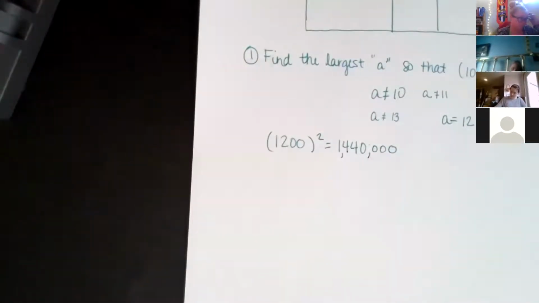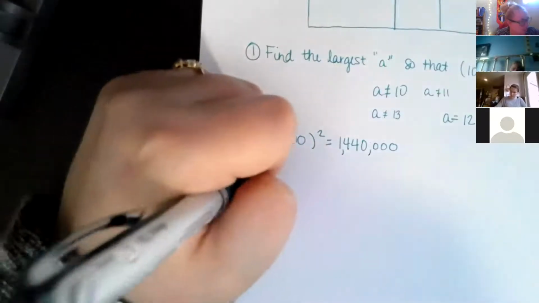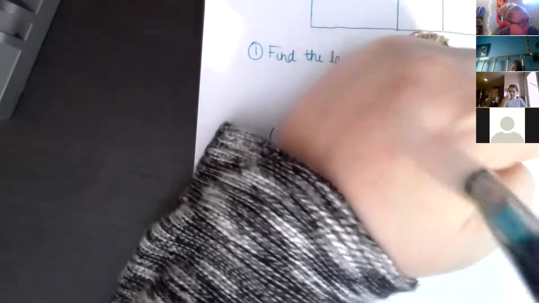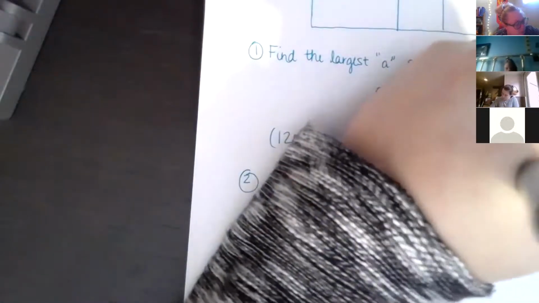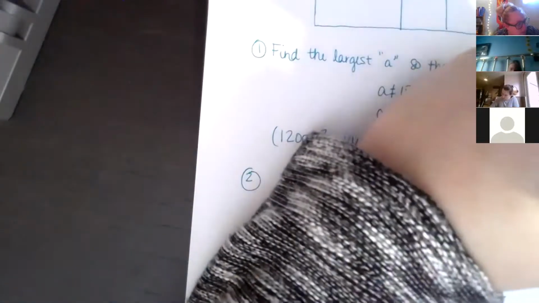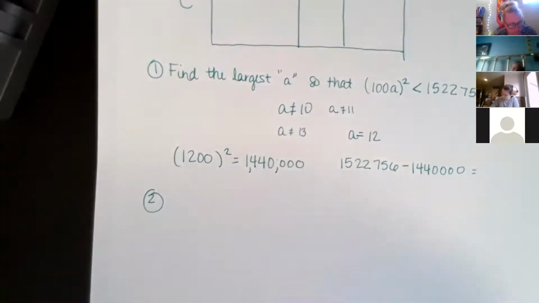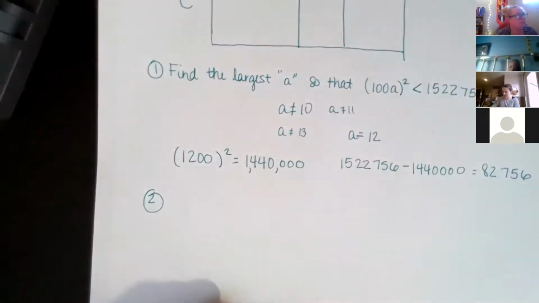Cool. Right. Then, oh, and we want to do 1522756 minus that number. That gives us 82,756.